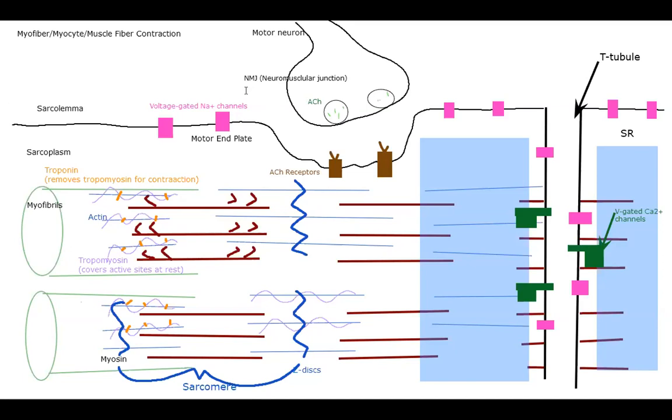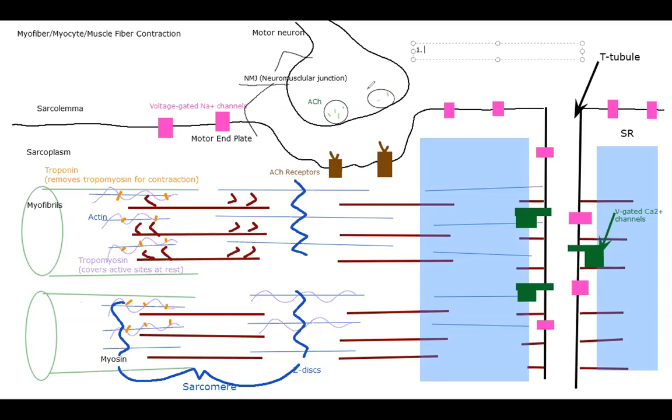This entire section here, the neuron all the way through the motor end plate, that entire thing is the neuromuscular junction, the NMJ. Okay, I think we are finally to the point where we can start drawing in steps.